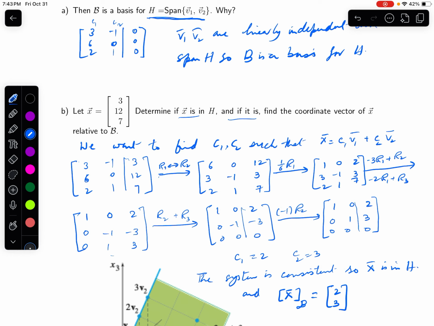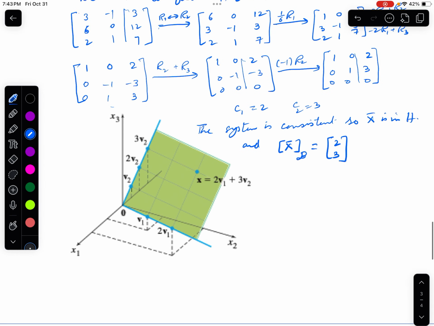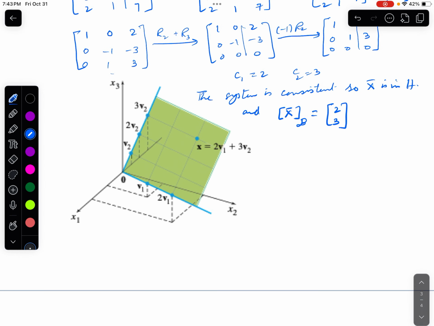Now note here X was a 3 by 1 vector because it was in R3, but now the vector relative to basis B is a 2 component vector because it's on the plane, so it's in R2. So here we can see it geometrically.